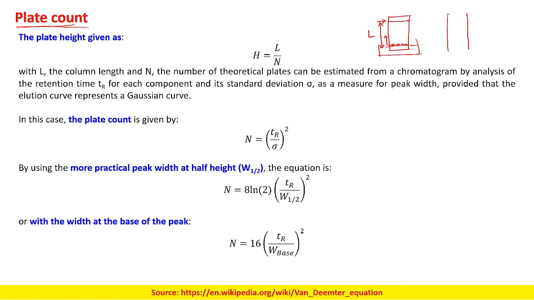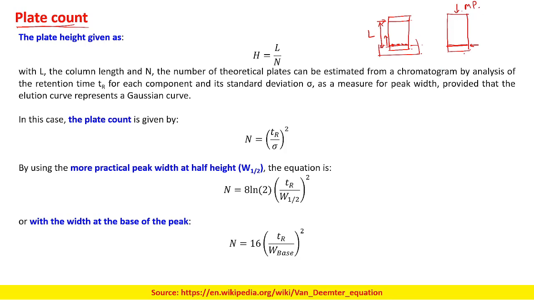The same thing, if you want to see it in columns, you will have a packed column. Suppose you have started the flow of the solvent. Your mobile phase is moving, and the solvent front is at the lower end of the column.